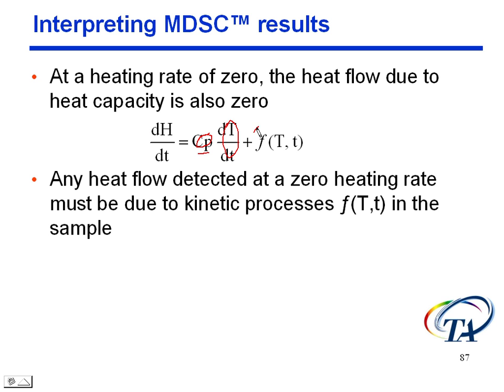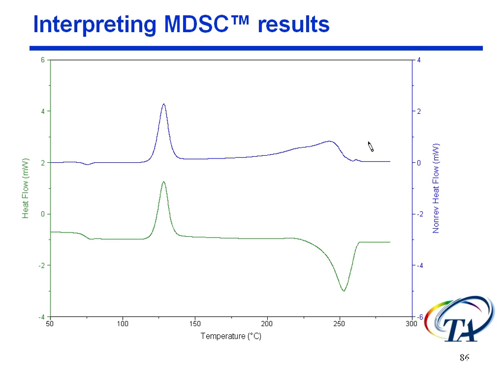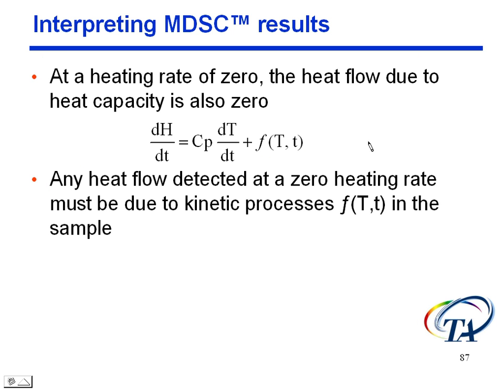So all we have left is our kinetic term. So our heat flow is going to just come from the kinetic term. Any heat flow detected at a 0 heating rate must be due to the kinetic process in the sample. Now let's go back here for a second. Oh, actually, let's go on further.